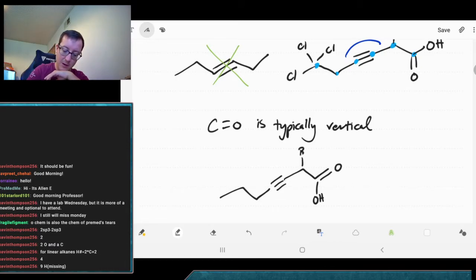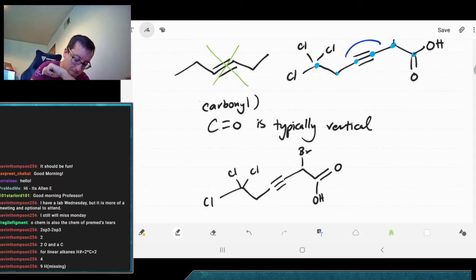We'll put our bromine up and our, oops, that's a chlorine. Either of these is okay, but typically you'll put your carbonyl, is what that's called, typically that is the vertical one. So you'll either have the zigzag and then you'll have vertical stuff coming out.